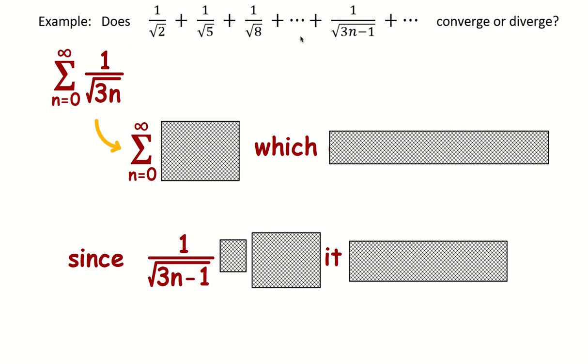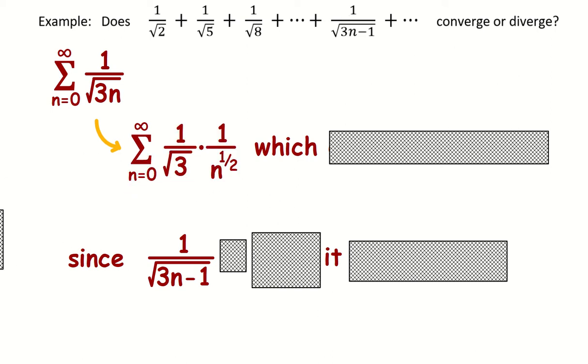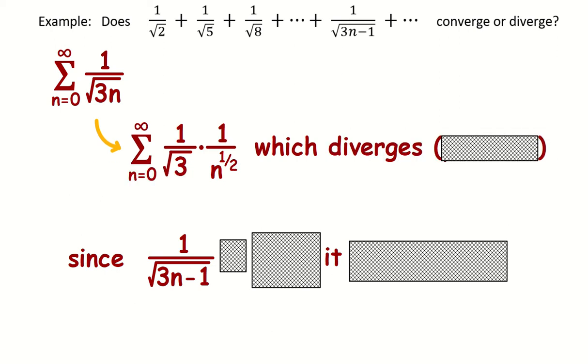But maybe we can compare it to, check it out, this is comparable to that, which you can almost even compare to just 1 over n to the 1/2, which diverges because it's a p-series. So 1 over n to the 1/2, because that power is less than 1, this diverges, okay?